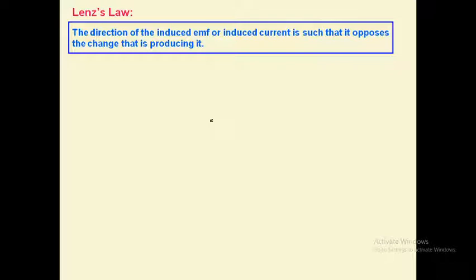It says that the direction of current is such that it opposes the change that is producing it. So what is producing it? It is the changing flux which is producing the induced current. So the direction of induced current always opposes the change in magnetic flux.